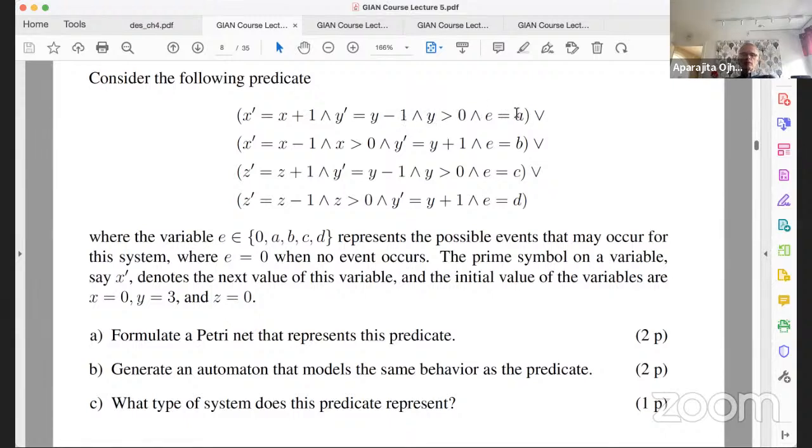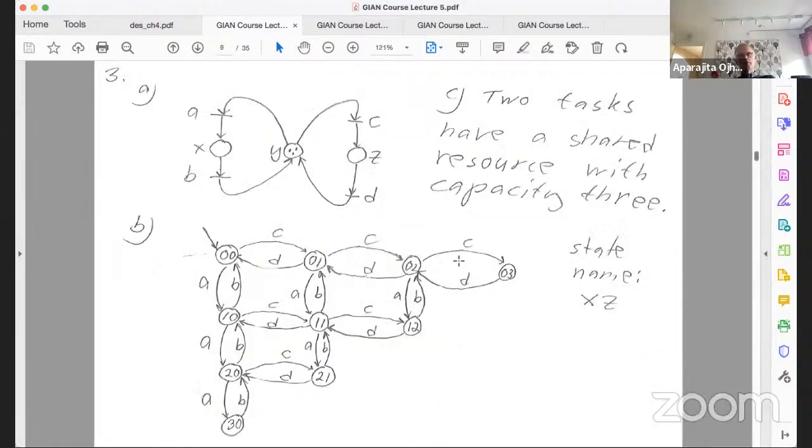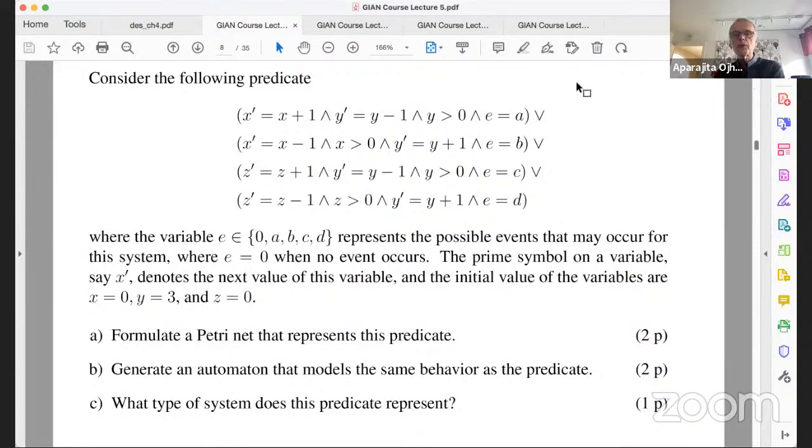And this happens also when the event A occurs. So then we can look at the Petri-net and see that, okay, this represents this A transition, because E is equal to A. And then we have another transition predicate for B, C, and D.